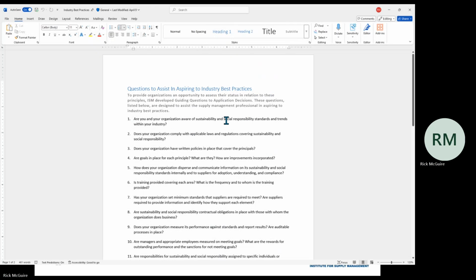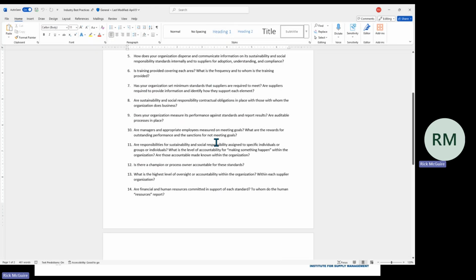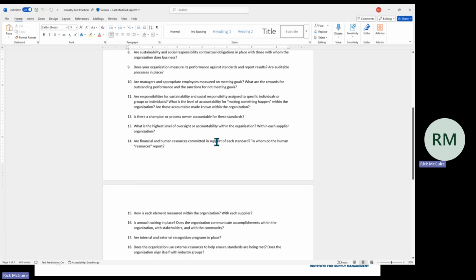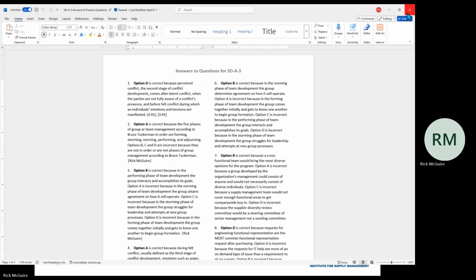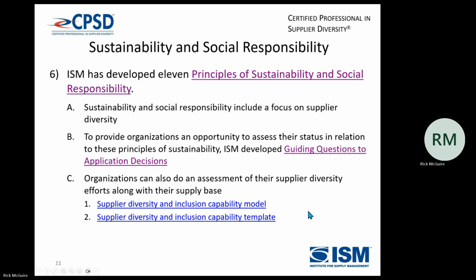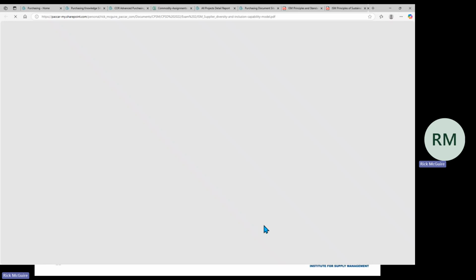So this is just some questions to quiz your organization on to see where you're at with sustainability. And organizations can also do an assessment of the supplier diversity efforts along with their supply base. So you can assess your supply base or you can do it in conjunction with them. So here's a model.